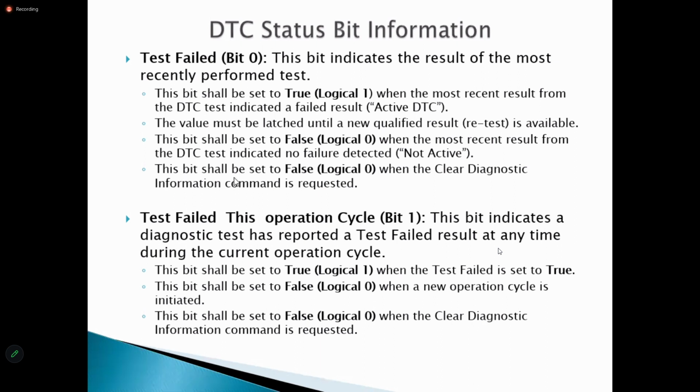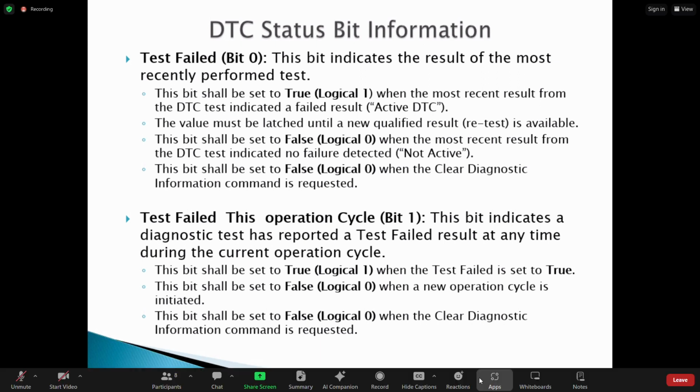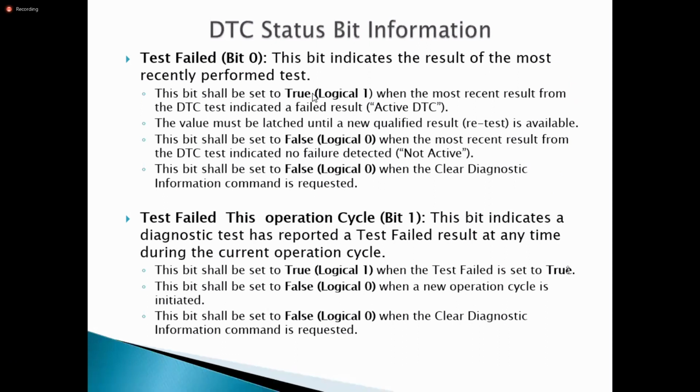Or if the client has requested the clear diagnostic information command, then this bit will be set to false. Understood, guys? Test failed signifies that every 100 milliseconds the test is running. If the test passes for that fault, then this bit will be set back to false. If the test fails again, this bit will remain true. Understood?